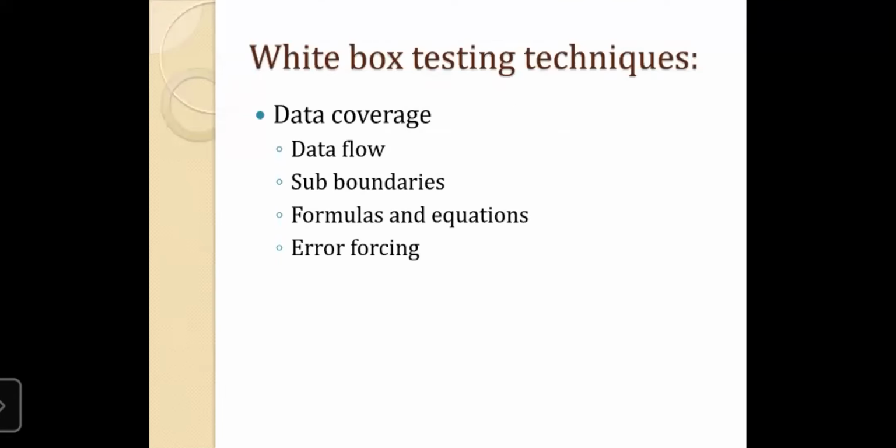If you enter 9 digits or 8 digits or 11 digits, 12 digits, what will be the error? Whether it is given on the screen properly in user readable words or so, that will be checked under this. So this is the data coverage field under white box testing technique.